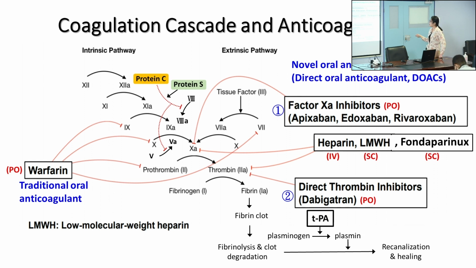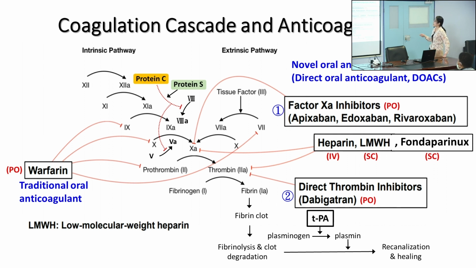So this is the coagulation cascade. Afterwards, there will be the formation of a fibrin clot. There's also a mechanism for anticoagulation to maintain homeostasis. For fibrinolysis, plasminogen is involved. Plasminogen is activated to plasmin, and this is in charge of the fibrinolysis.